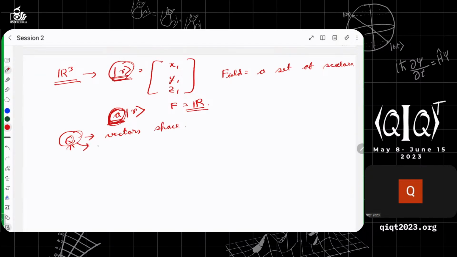Let's say I have a vector V. You cannot multiply V with any scalar A, so it has to be rational again. So the scalars here are only rational. It depends on the field what scalars you can multiply with, and the set of all the scalars that you can multiply a vector with is known as the field. Is that clear?